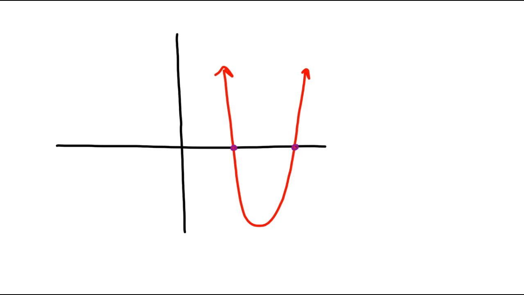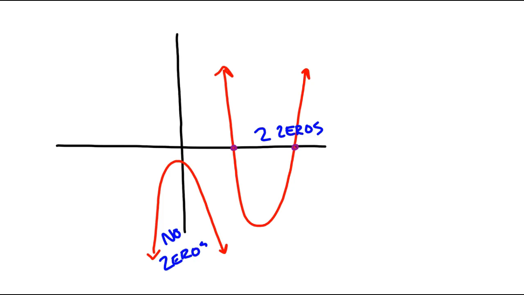Sometimes we have parabolas that might end up going like this. How many zeros does that have? None. This has 2 zeros. This one here has no zeros. So you might be asked eventually to solve an equation and it doesn't have any zeros because it doesn't cross.